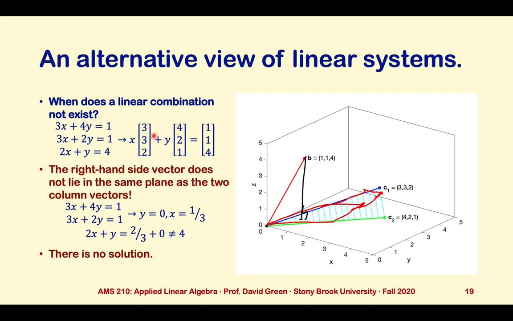Right? Think about this. What is this? This is a combination of two three-dimensional vectors to give a third. If we think about taking two vectors and a random right-hand side, what is the chance that this right-hand side actually lies on this plane?